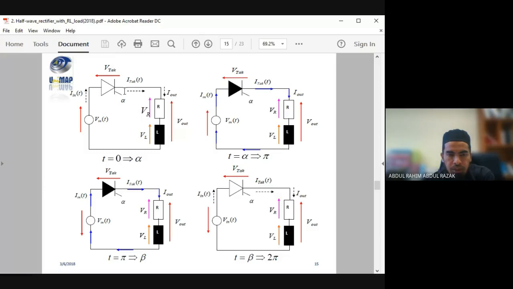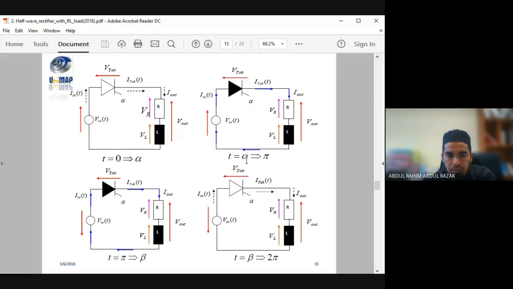What happens now is that from 0 to alpha, the current cannot flow because we have not triggered alpha yet. The dotted line here means that there is no current flowing inside the circuit. From 0 to alpha, no current flows.